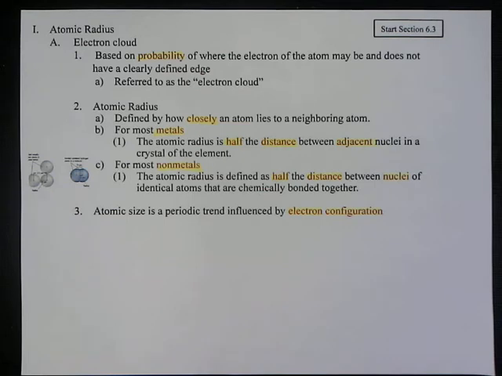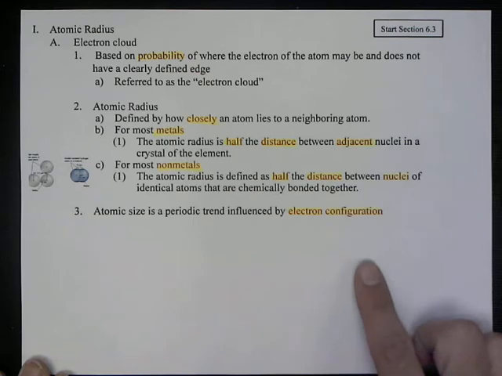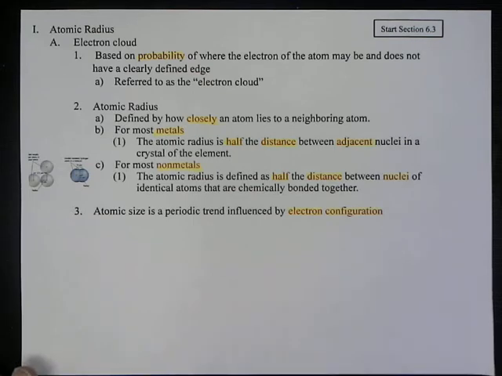Now, this trend is directly influenced by electron configuration. As we get more and more electrons added, the radius is generally going to expand, and we'll see how that trend plays out in just a second.